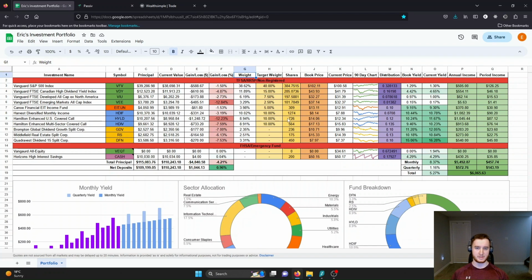The next column is the weight. So that's just based on the current value relative to the total current value of the portfolio. And then my target weight that I've set for that fund. So you can see, for example, for VFV, I've had a target weight of about 40%, and I'm just below that right now. The number of shares that I have, and then the book price that I get, which I can just extract from Wealthsimple. And I do have to update these two columns manually.